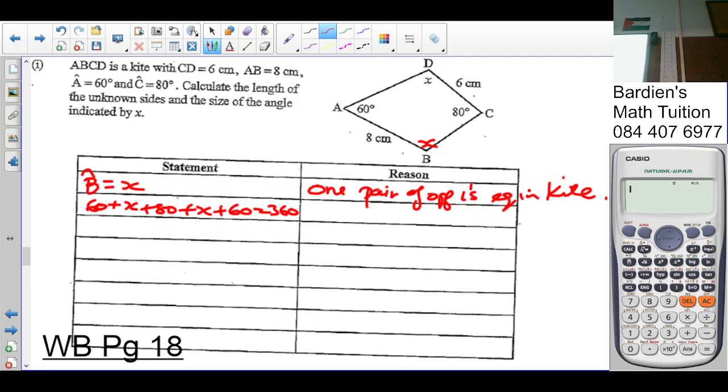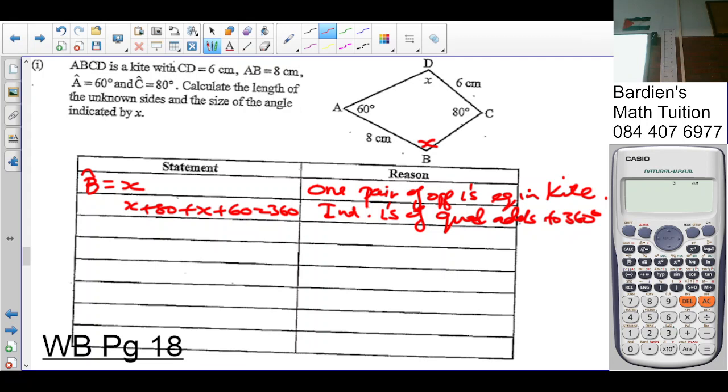Interior angles of a quadrilateral, a four-sided figure, add up to 360 degrees.